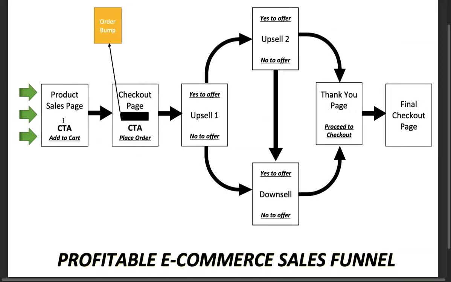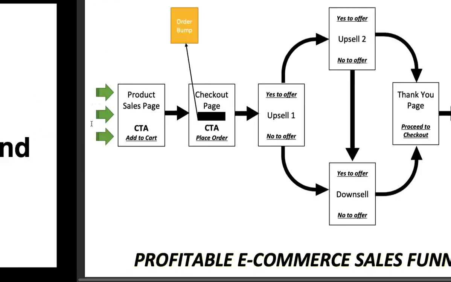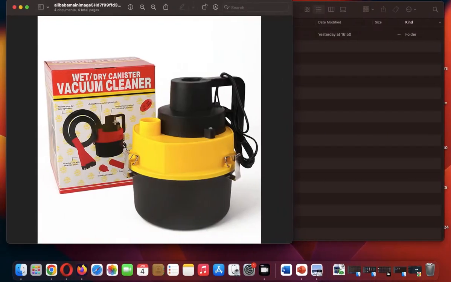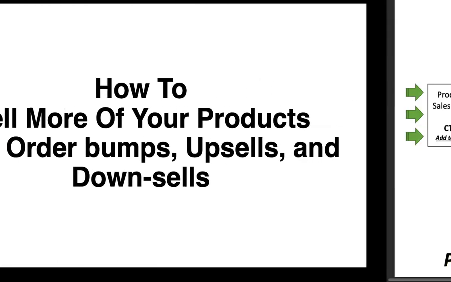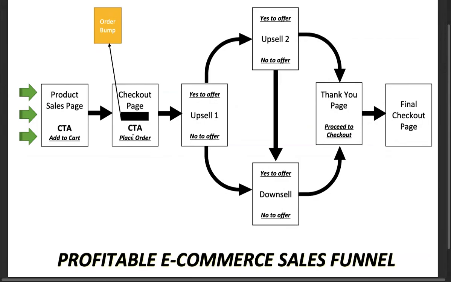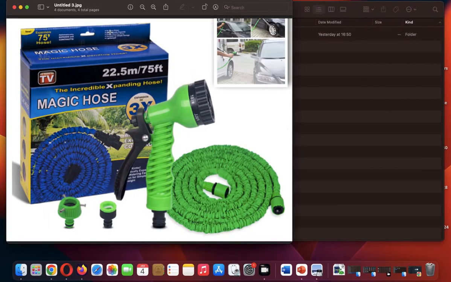At the product sales page level, I'll be making use of this particular product, a vacuum cleaner, which I've also sold myself. It's something I'm presently selling. So on this checkout page, I would have the order bump offer, and I'll be using this particular product as my order bump offer.